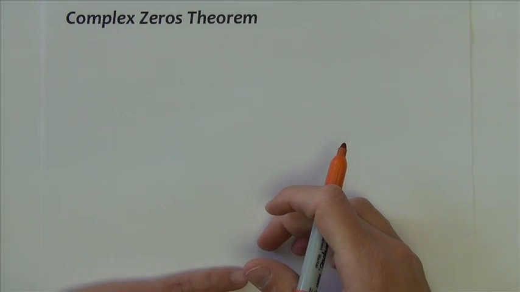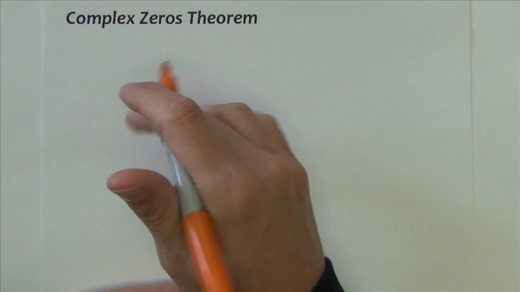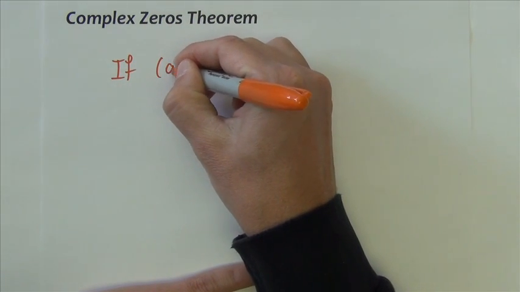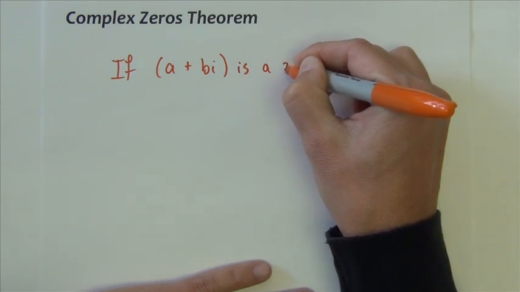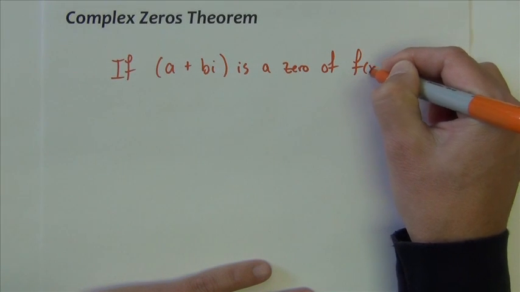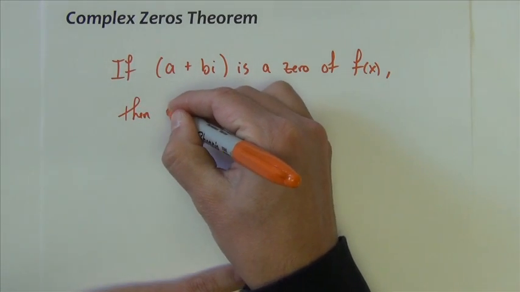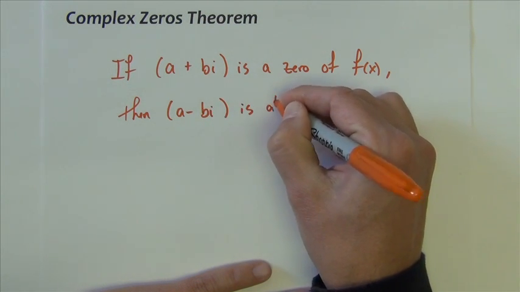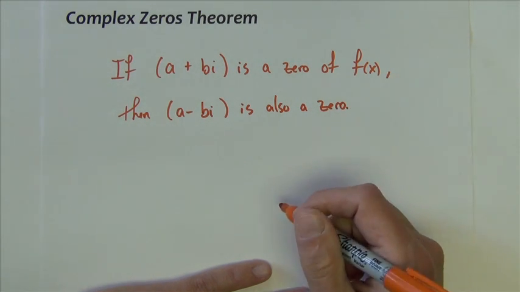One other theorem that I'd like to write out before we start looking at problems is the complex zeros theorem. And it says that if a plus bi is a zero of f of x, a polynomial function f of x, then a minus bi is also a zero.